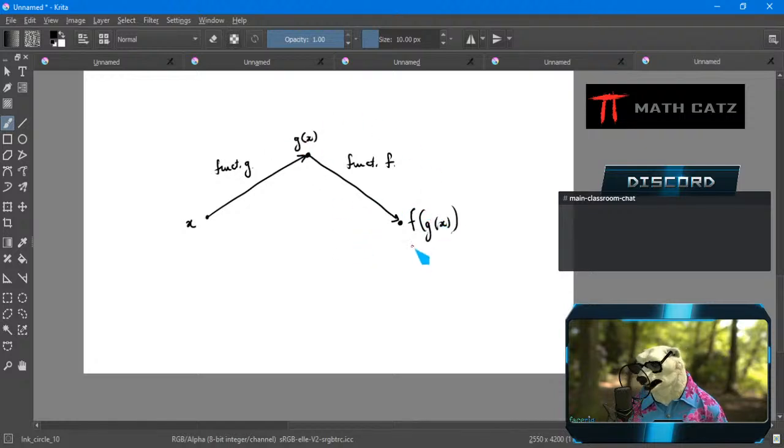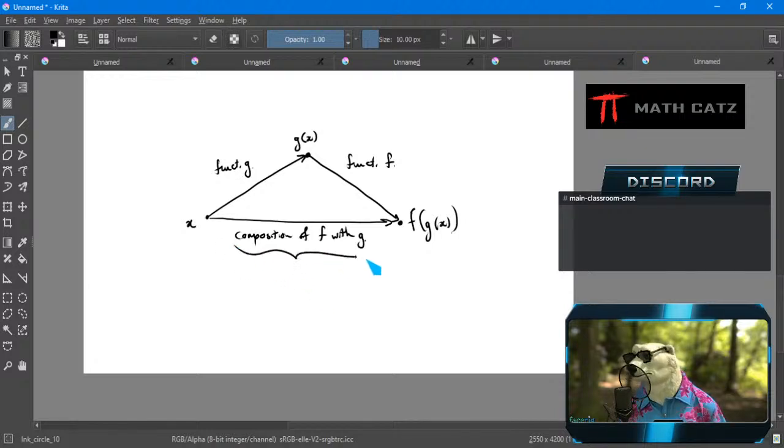It's the function f applied to the function g, because it's sort of a sequence of functions, one and then the other. When I go directly from the input to this two-step end result, that's my composition. Composition of f with g.